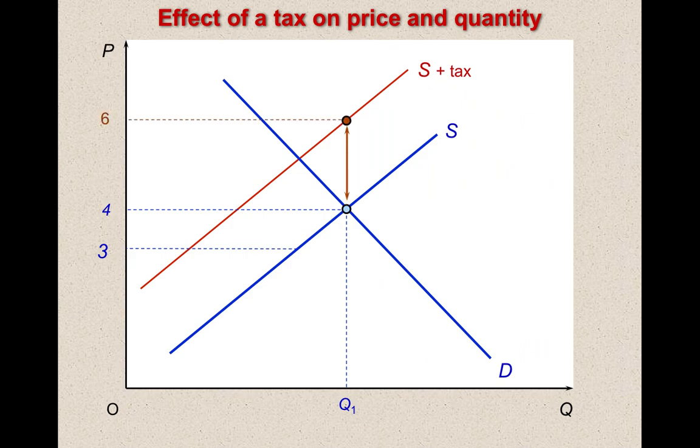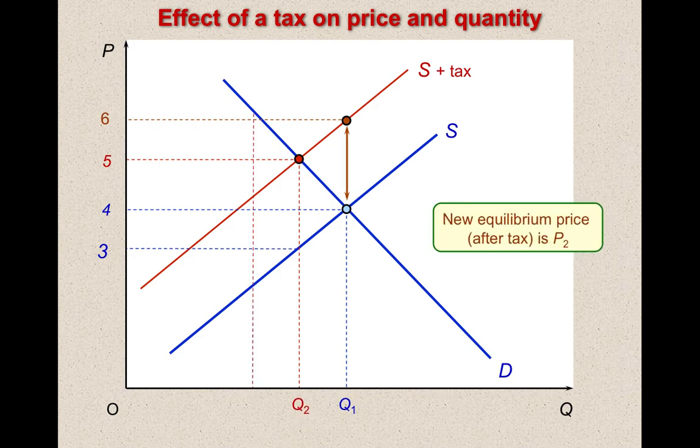So, like the last diagram, we're going to draw a line from the new equilibrium down to the x-axis. Previously, we made that purple box that showed the government revenue. Well, part of that box is paid for by consumers and part is paid for by producers. This is the tax incidence.